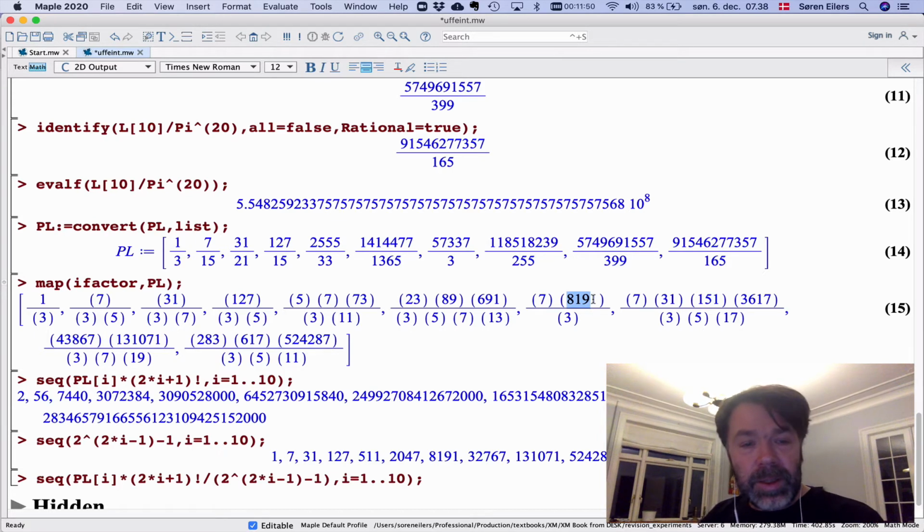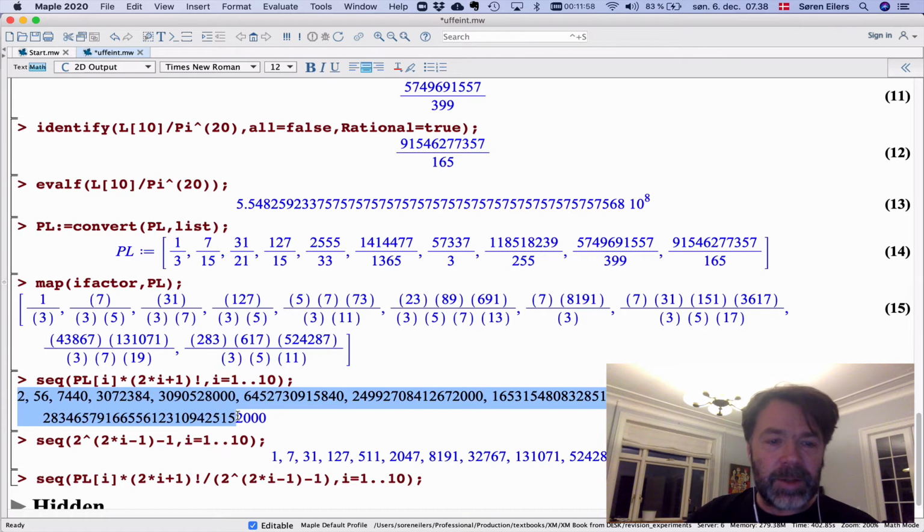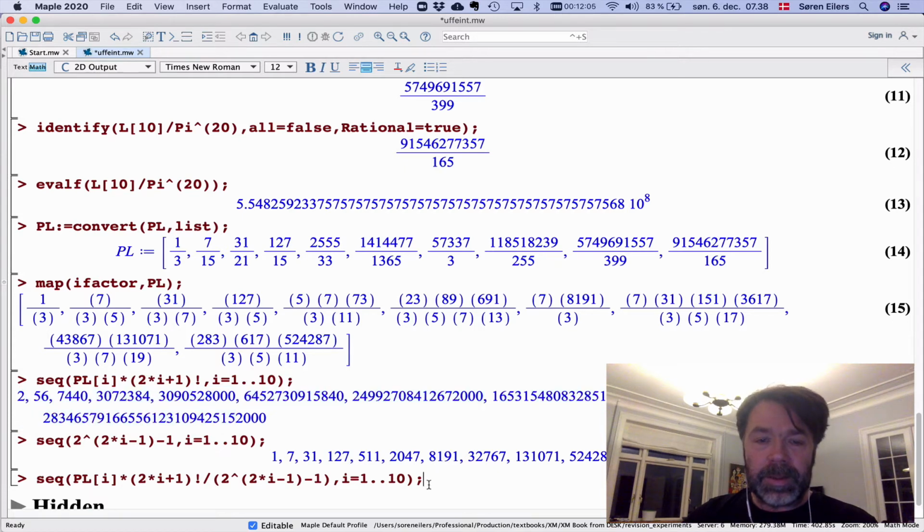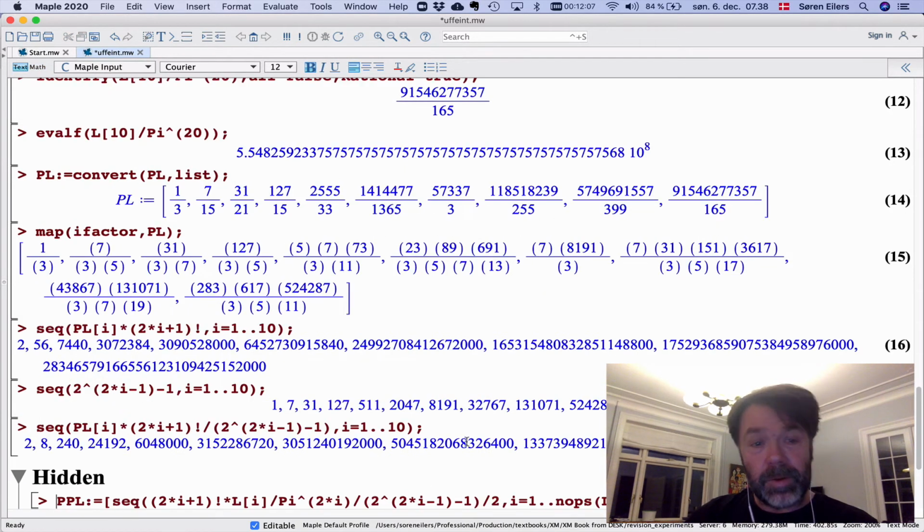So what's going on here is that we have these factors in the values that we're looking at. So if I take these big numbers here and I try to tame them a little bit by factorizing them like that, I get this number out like so. So what happened here, of course, is that I needed a little bit of help here, because the numbers 2 to the n minus 1 are not all primes, so they don't occur in the list of primes.